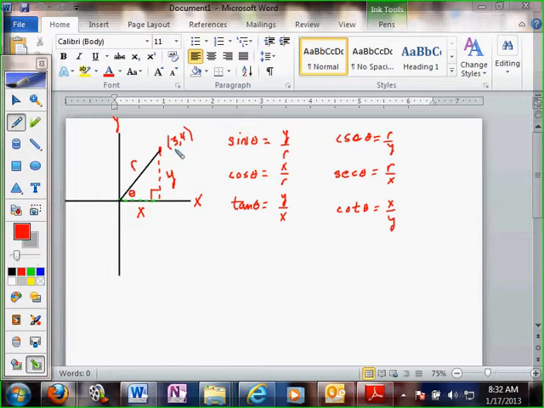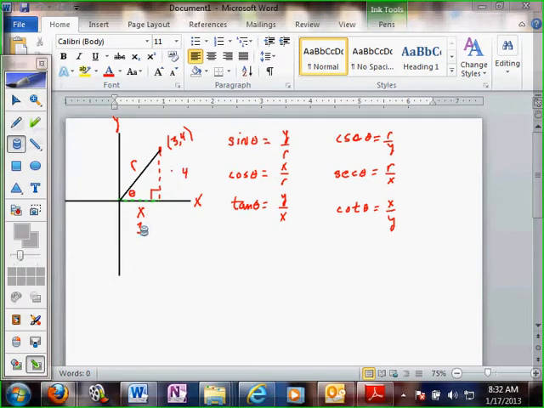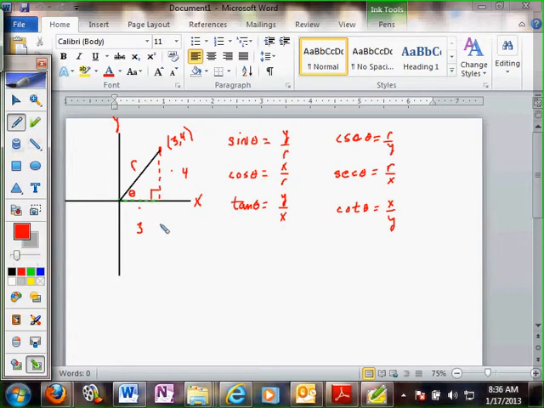That means the x value is 3, the y value is 4. Now, if I know two sides of a right triangle, I can find the other side by using the Pythagorean Theorem. I'm going to need the other side because I'm looking at the ratios of all these sides. Once I find out what r is, I can tell you what sine, cosine, tangent, cosecant, secant, and cotangent are.